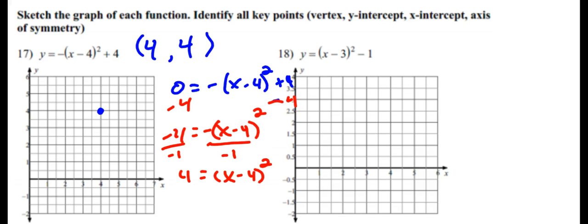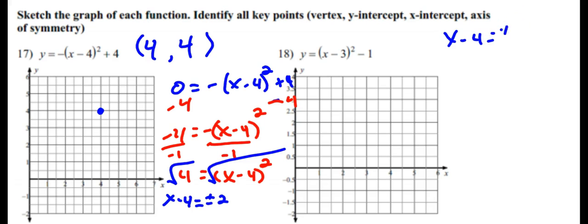This is where I can take roots. So I'm going to flip these so the x is on the left. And we have x minus 4 equals plus or minus, and the square root of 4 is just 2. So x minus 4 equals plus or minus 2. Let's add 4 to both sides.